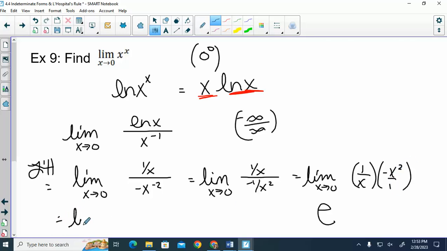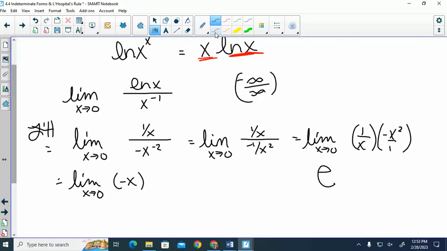So we get the limit as x approaches 0 of -x. And can we evaluate that? Yeah. You just get 0. But my answer isn't 0. E to the 0, and that is 1.